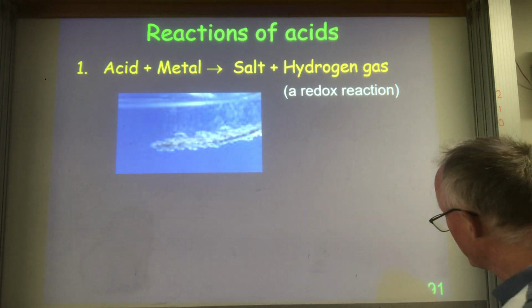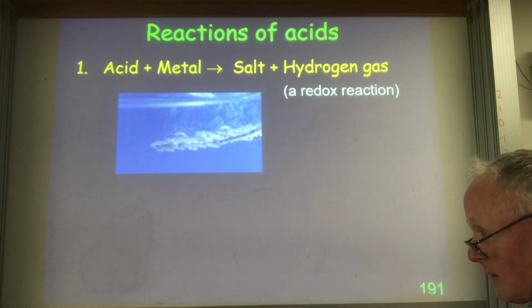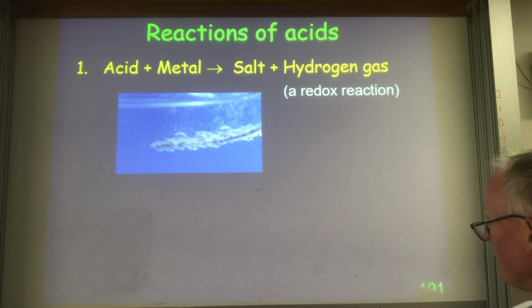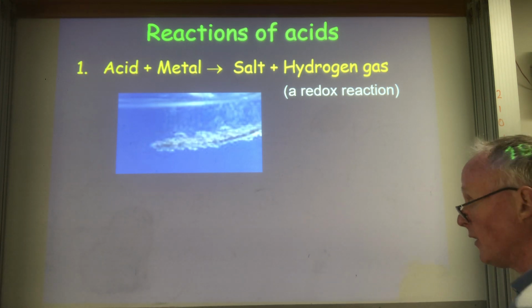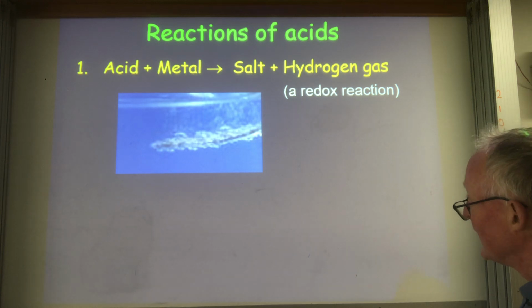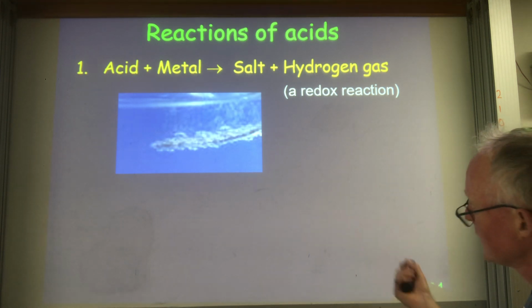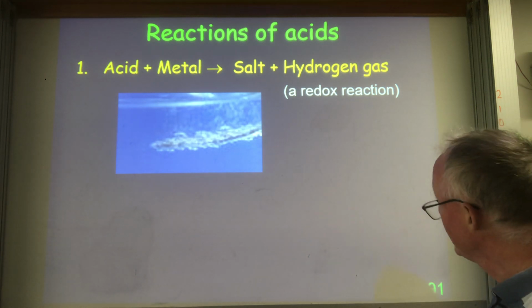You'd all be familiar with that, I'm sure, from some point of your science career. Classic example of that is where you dissolve magnesium in a solution of dilute HCl, it produces bubbles of gas which you then ignite coming out of a test tube and it goes pop, the old pop test.